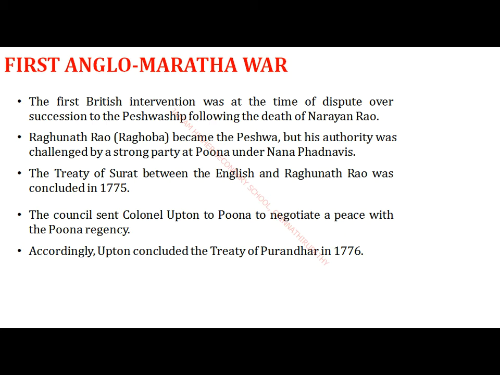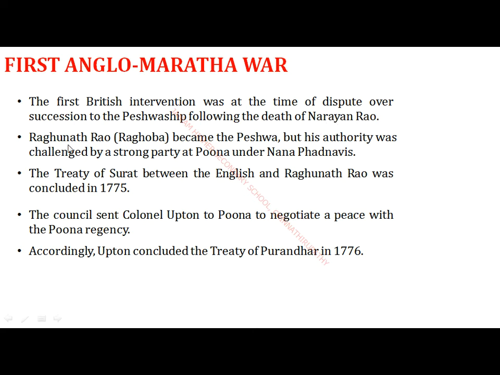The spelling you take down, posthumously. Here see, Narayan Rao's wife, Ganga Bai, and his son, a newborn infant, who was to become next to the throne after Narayan Rao.